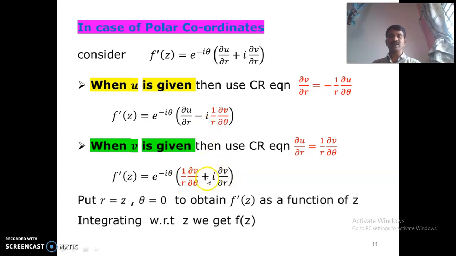Finally you can use the Milne-Thomson method by replacing r by z and theta by 0, so that ultimately you get the derivative as a function of z. Finally integrate, and we get an analytic function f of z.